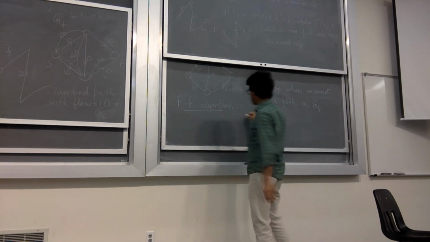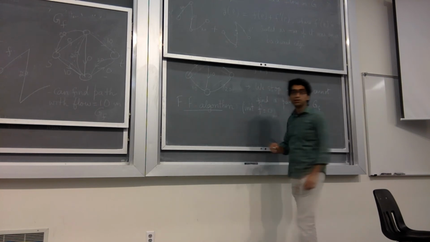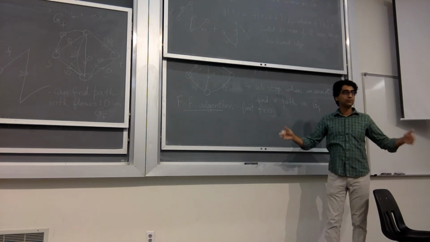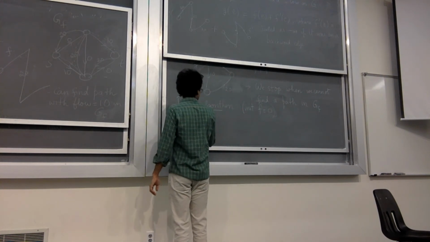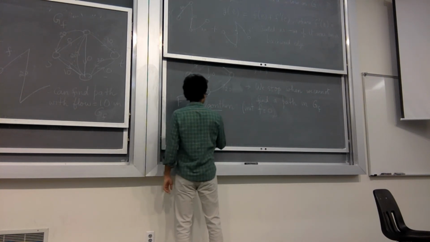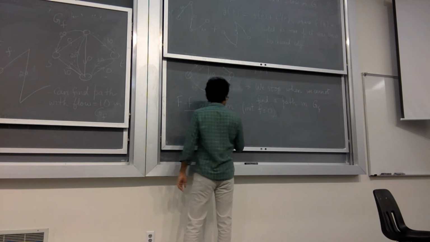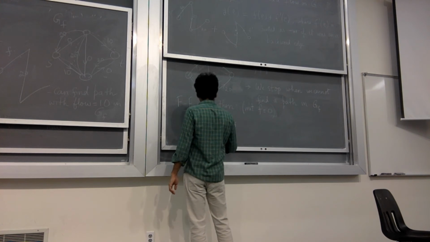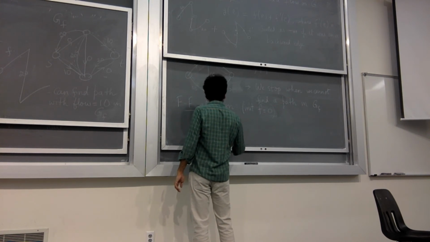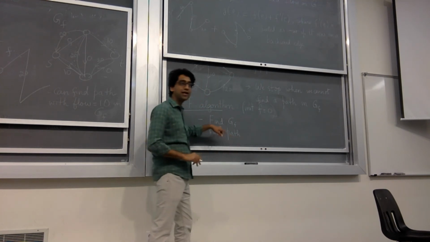It starts off with initialize f equals 0. This is your starting flow, just a zero flow, and at each step you find G sub f, and find a path, which is actually called an augmenting path.